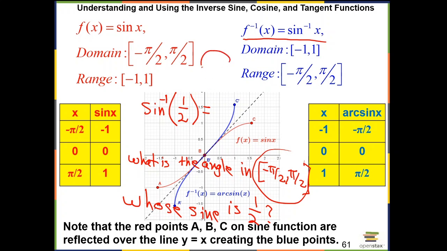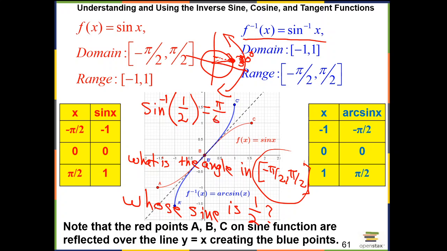And we know in this region, what's an angle whose sine is 1/2? 1/2 is like halfway here. Well, we need a point on the unit circle whose y-coordinate is 1/2. And that's the point. That's the only angle. And we know, of course, that is 30 degrees, right? Or pi over 6. So the answer to this is pi over 6 or 30 degrees.